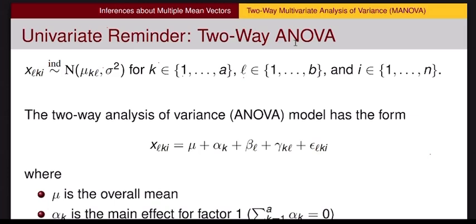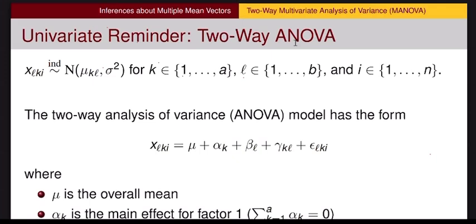I'm looking at the effects of fertilizer type and maybe the light condition. Fertilizer type has three levels: none, organic, and chemical. And light condition, low or high. I want to look at the effect on the plant growth, and the measure is the height.